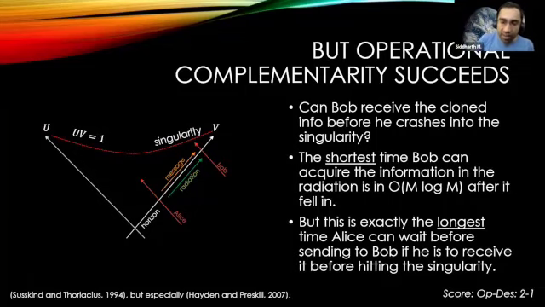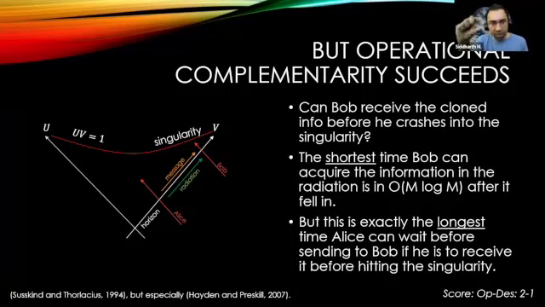But as it turns out, even this extremely short time is too long for Alice to send the information to Bob. So as Hayden and Preskill argue, this is exactly the same time scale within which Alice has to send Bob the signal if he's able to receive it before he hits the singularity.